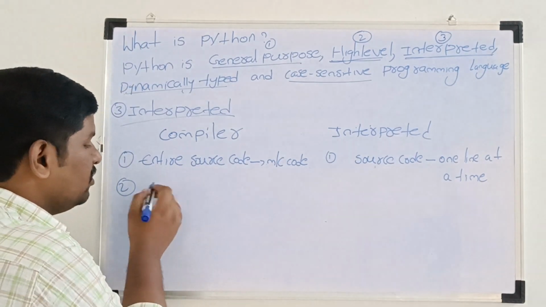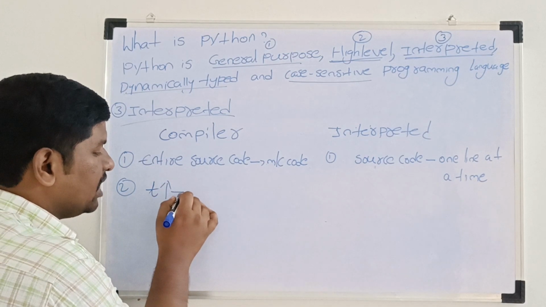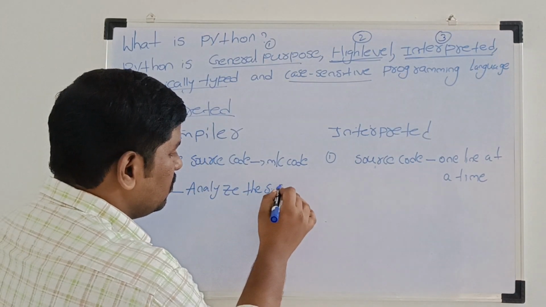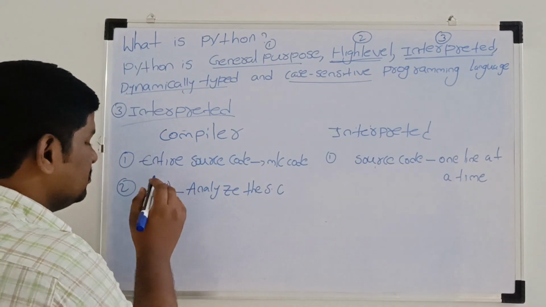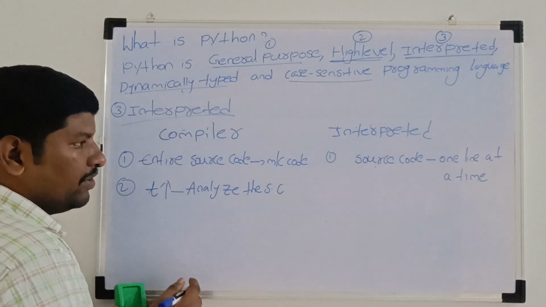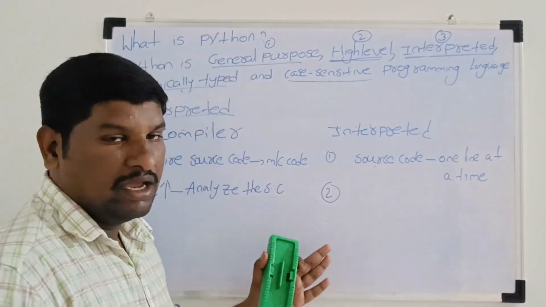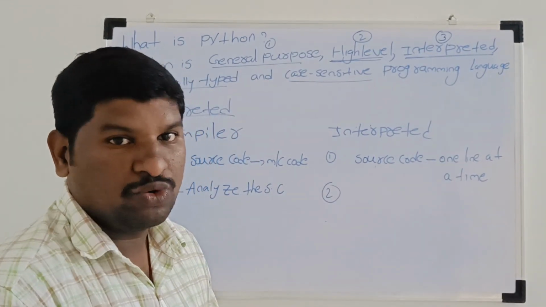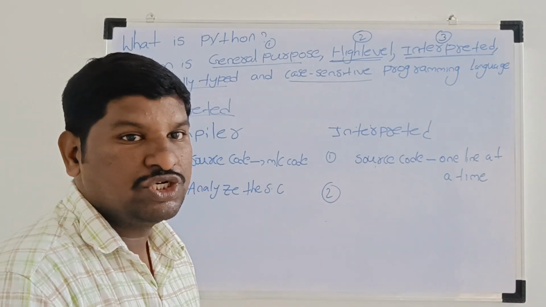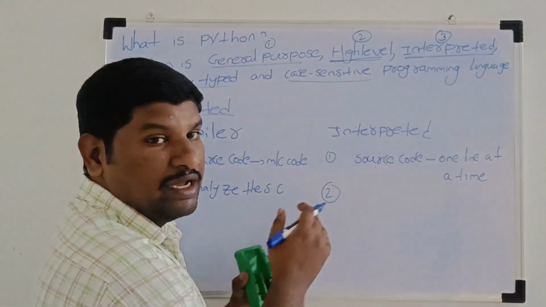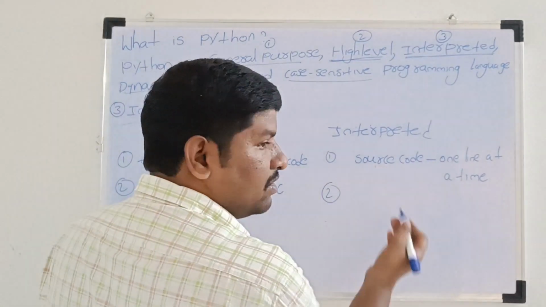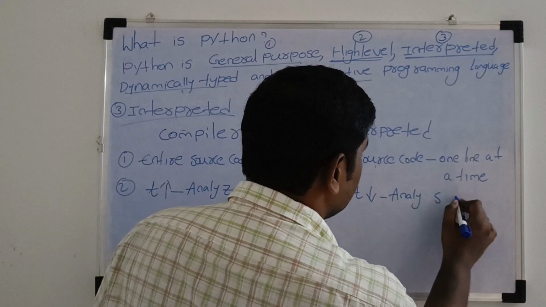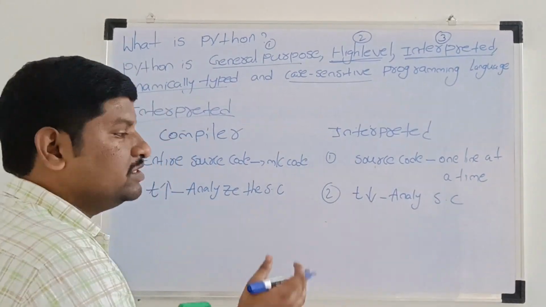And an interpreter takes less time to analyze the source code, but the overall execution of the program is slower as compared to a compiler.